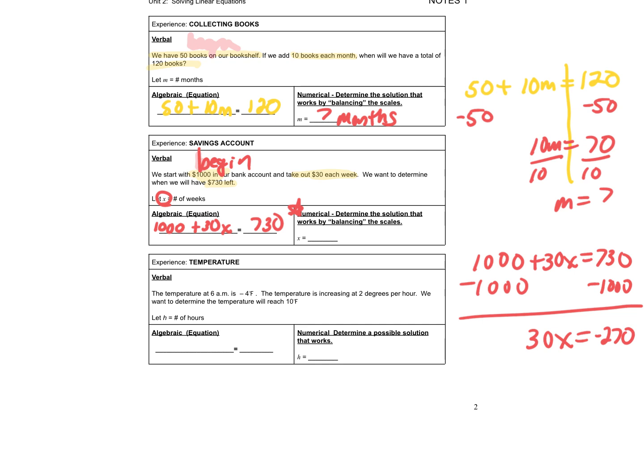I'm just going to rewrite this. 1,000 minus 30x equals 730. So same thing here, this should be a subtraction, so that will be a subtraction, so sorry. When you divide that out, x is equal to 9, so it's 9 weeks.